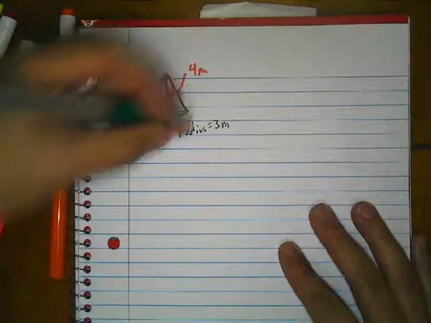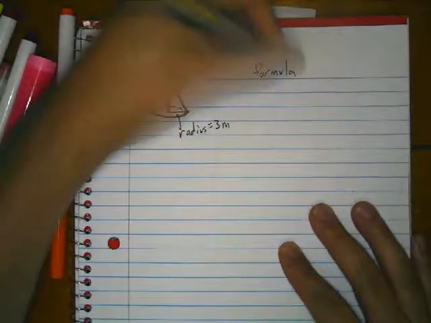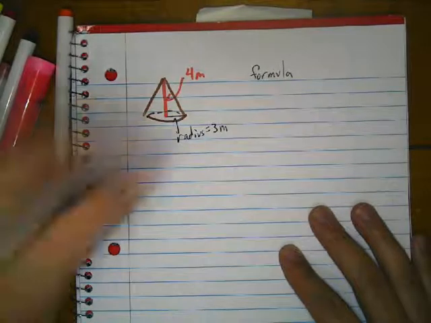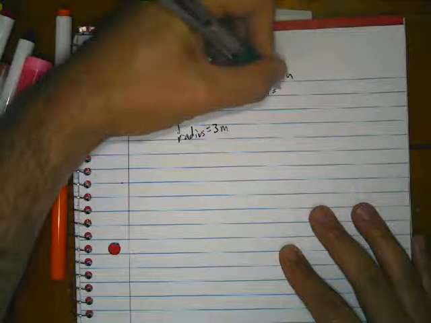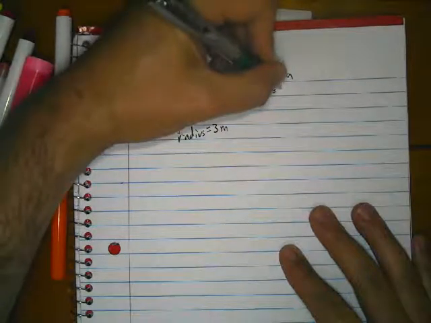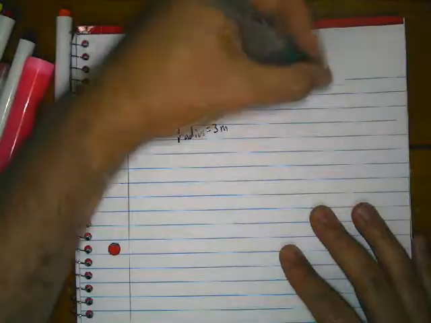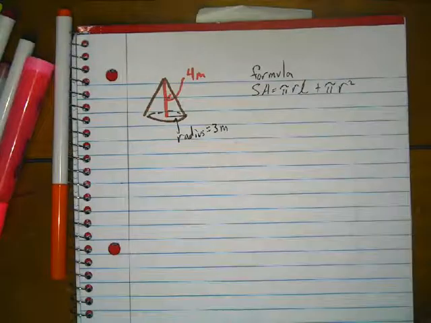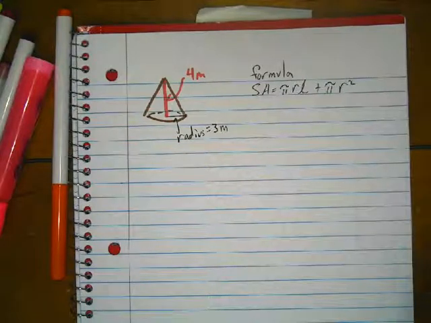Now the formula for the surface area is pi r L plus pi r squared, right? That's what we just determined on the previous page.